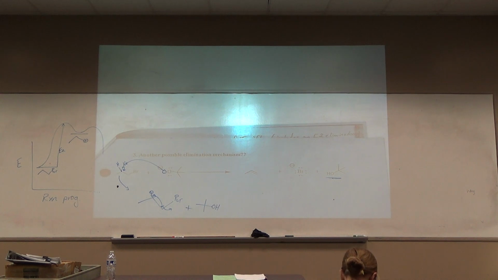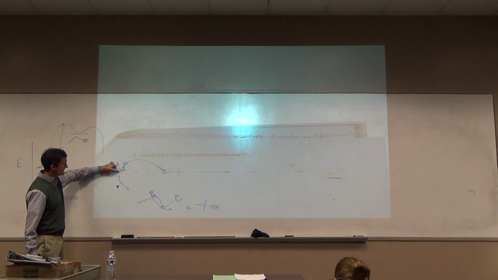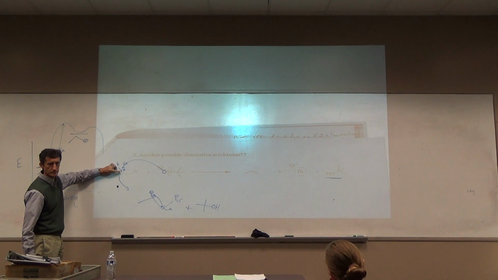The reason I point this out is because some of you will want to try to do it this way. It's not the mechanism for any of the elimination that we're doing, because this H is not acidic. That's just a hydrocarbon H. All right? We're never going to do that.